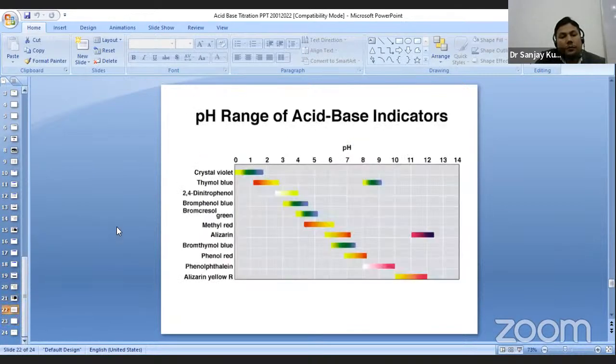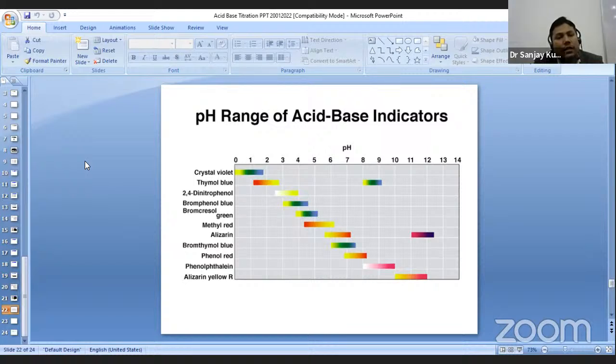Here is the pH range of acid base indicators. We can see different pH ranges for the different compounds or indicators we are using. Crystal violet is 0 to 2, maximum 1.9 or 1.8.